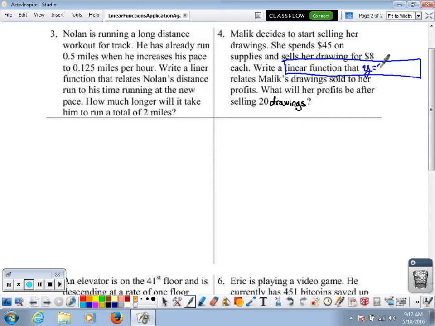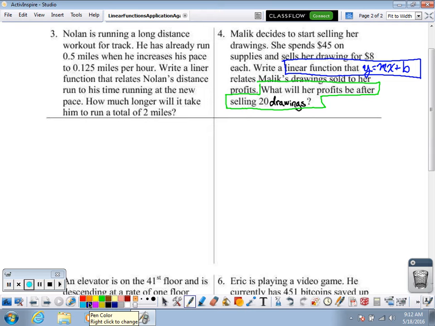Okay, so that linear function business again. Y equals mx plus b. Okay. Now they've also given us a part B. What will her profits be after selling 20 drawings? Okay, so we'll set that part B aside.